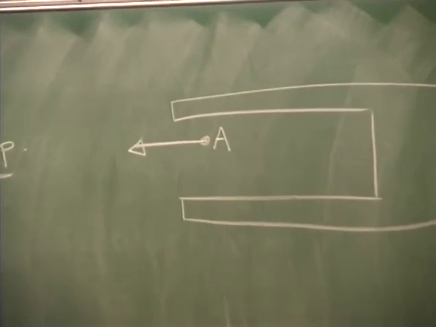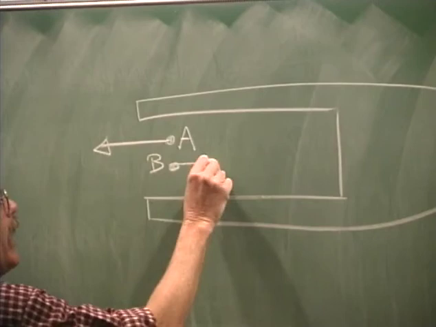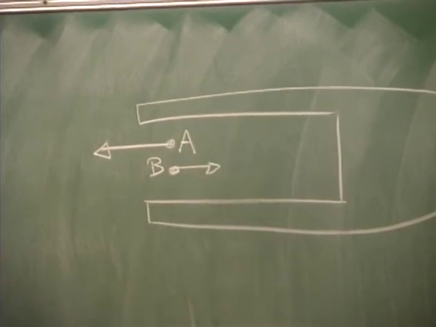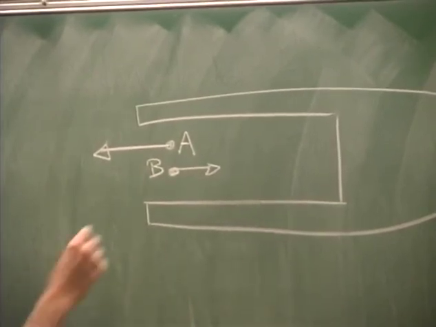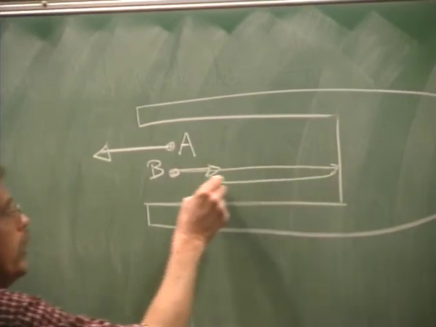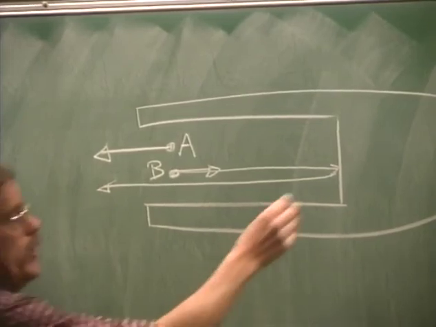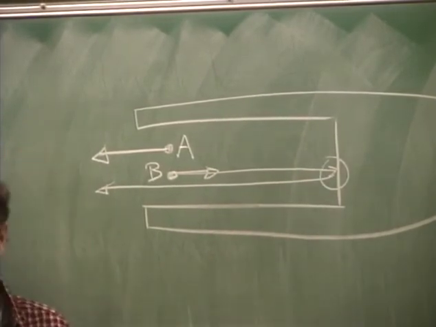Nothing whatsoever. But how about molecule B next to it that happens to be going in the forward direction? How does that get out of the back door? Well, it has to come up here, bounce off the front plate of the combustion chamber, and then gets expelled. And that's what pushes the rocket forward.